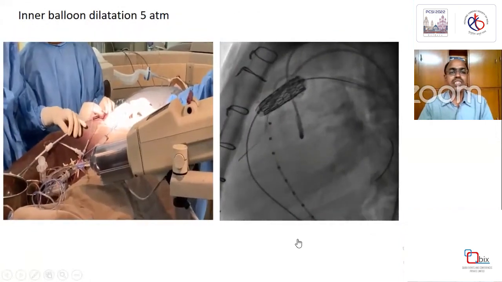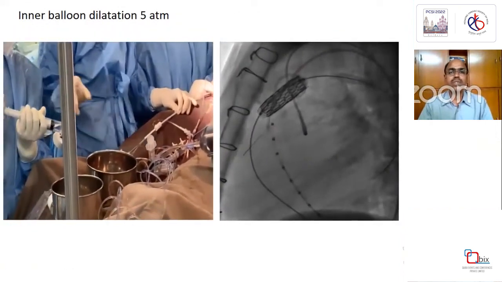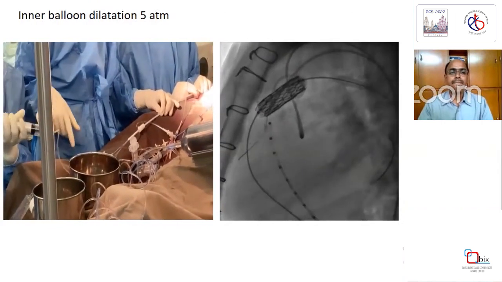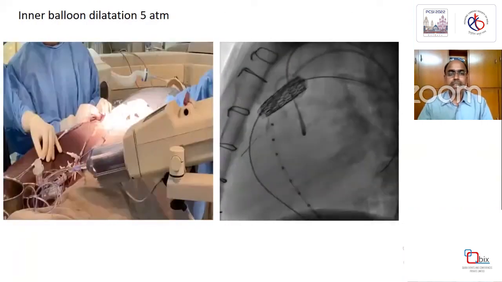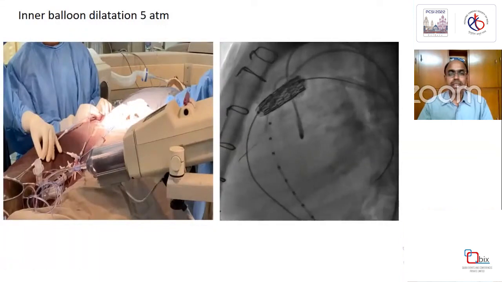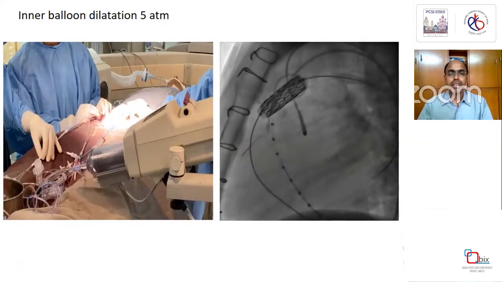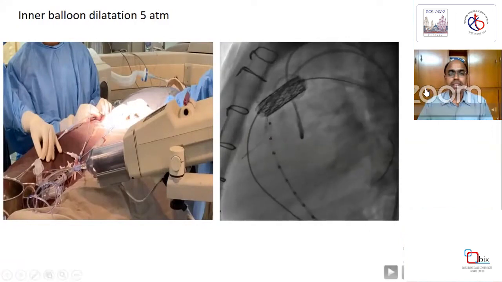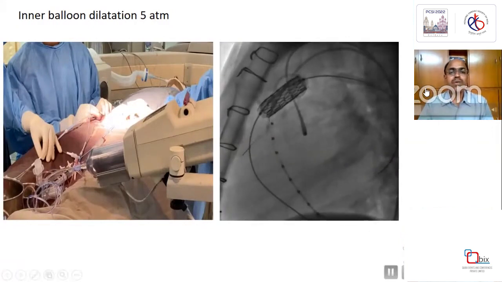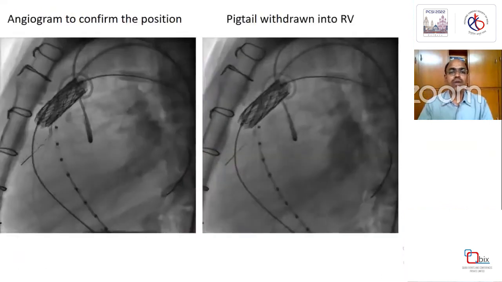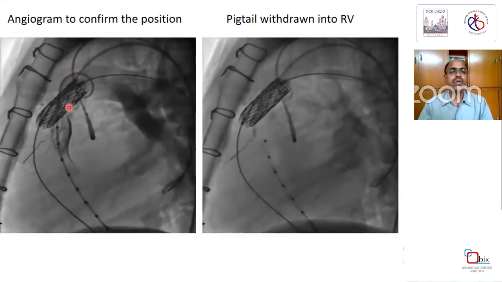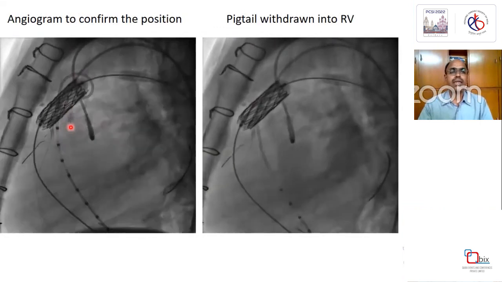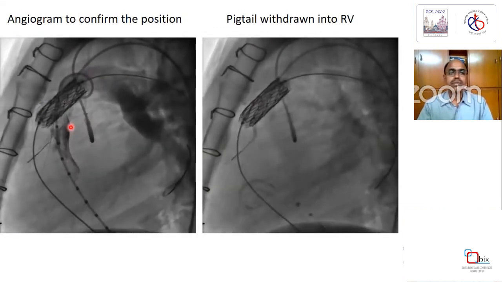The inner balloon is inflated initially to around 5 atmospheres, followed by another check angiogram using the pigtail that has been placed in the conduit.